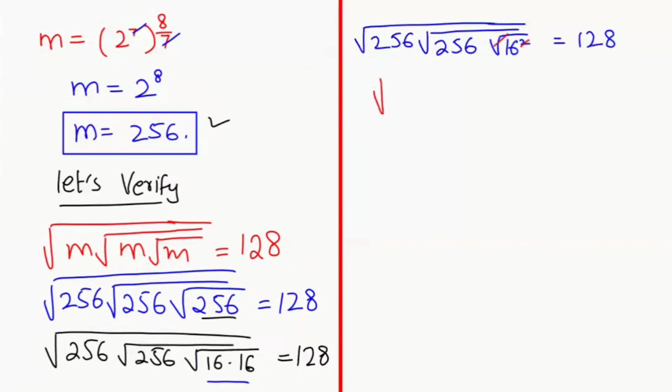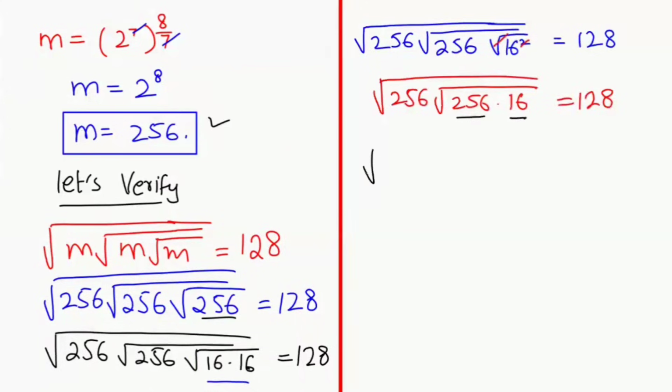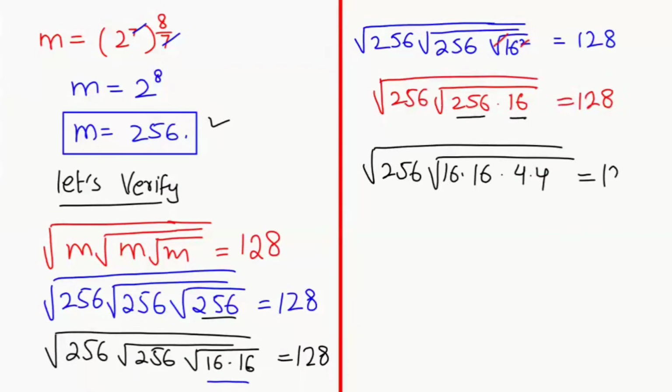So the expression we get is 256 and root of 256 times 16 is equal to 128. Now again, I am going to split this and this. So I write here 256 root of 16 times 16 times 4 times 4 is equal to 128.